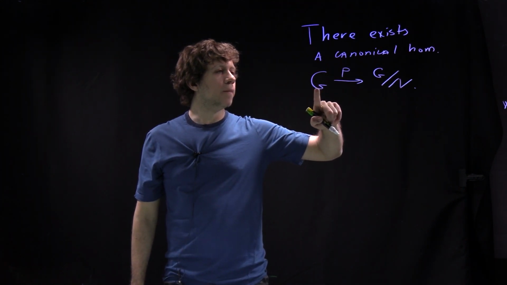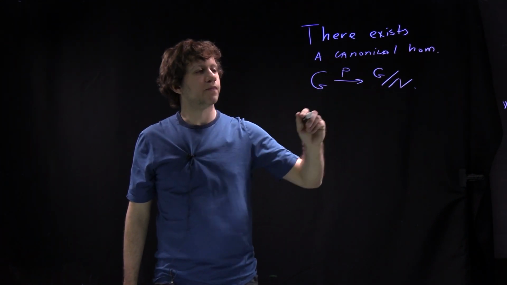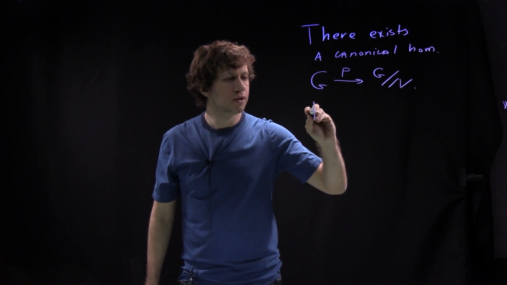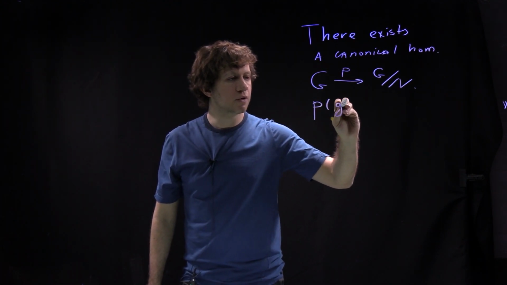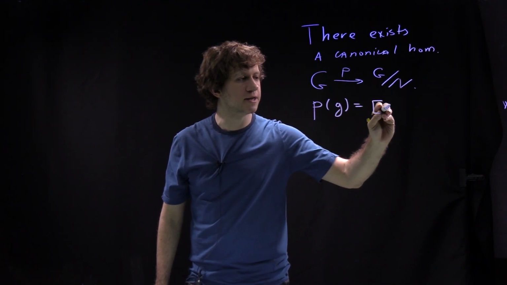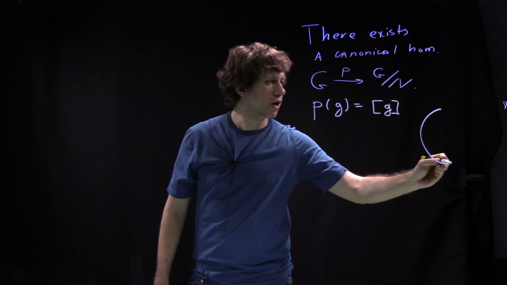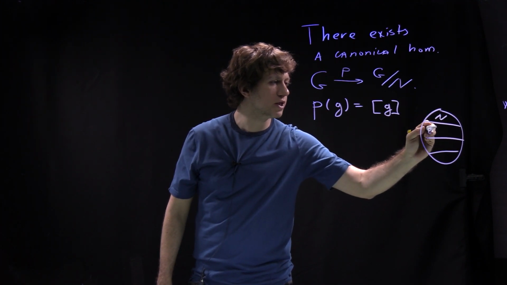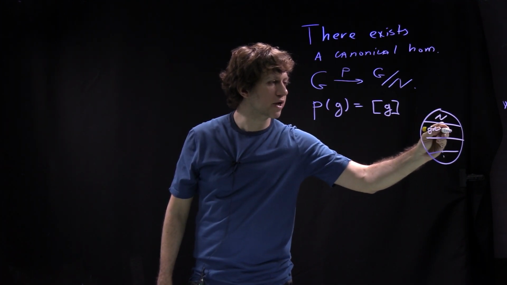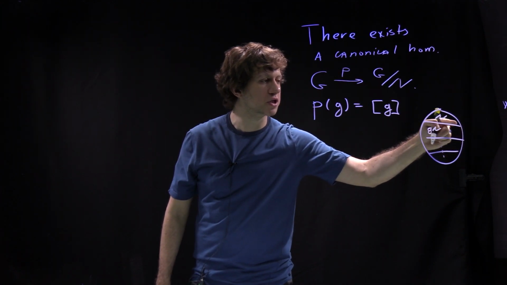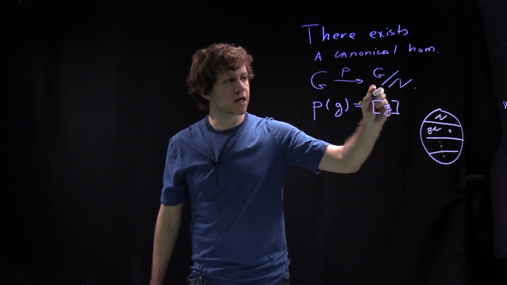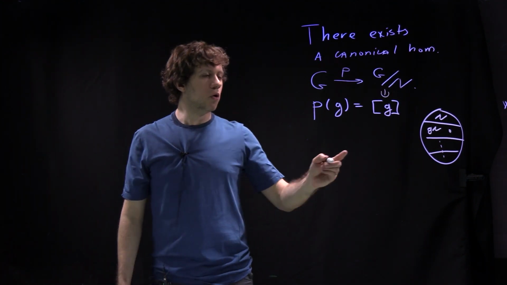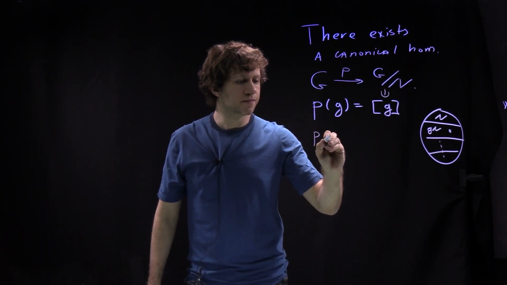So what is this homomorphism? It is very simple. P takes an element G and just sends it to the class containing this element. You have this decomposition into classes. This is N, this is Gn, whatever cosets we have. Every element just goes to the corresponding coset as an element here. And so P is surjective.